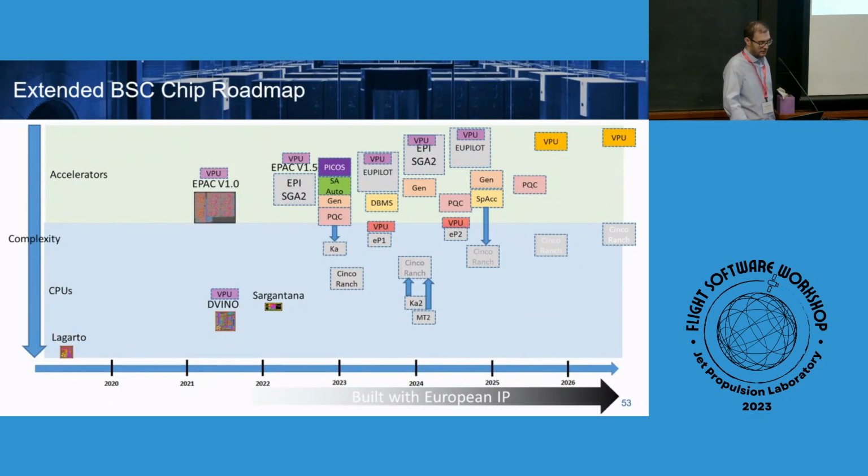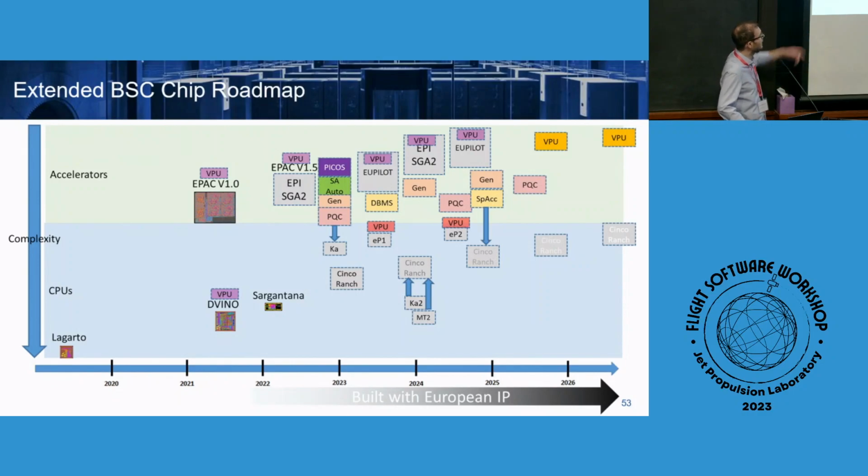Here we can see the extended BSC chip roadmap. You can see how we started here with Lagarto. You can see 2 different areas. Below we have CPUs, and on top we have accelerators. And as we go up, the complexity of the design increases. And here we can see the time.